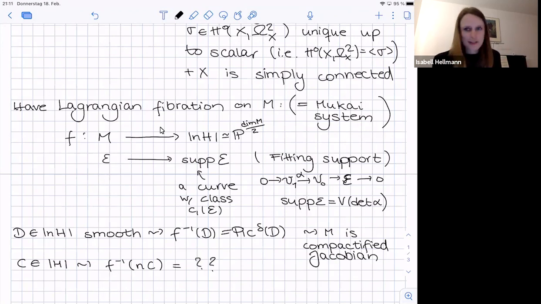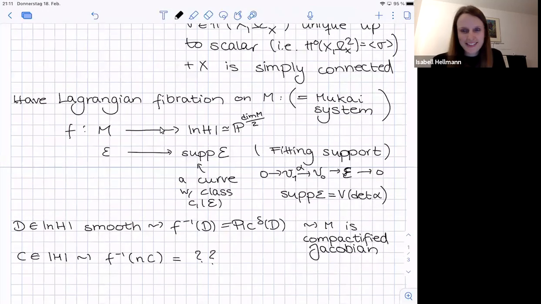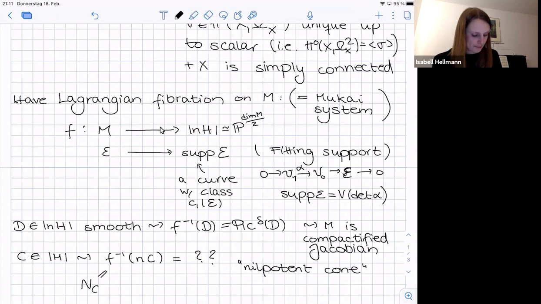The upshot is this fiber is a lot more complicated, and it's not irreducible. It consists of several components, which makes it interesting to study. I have a name for it: this fiber is called the nilpotent cone, and I abbreviate it with NC.